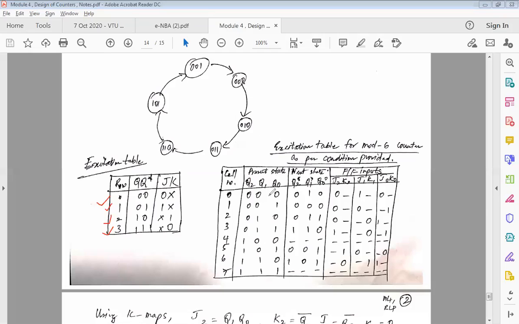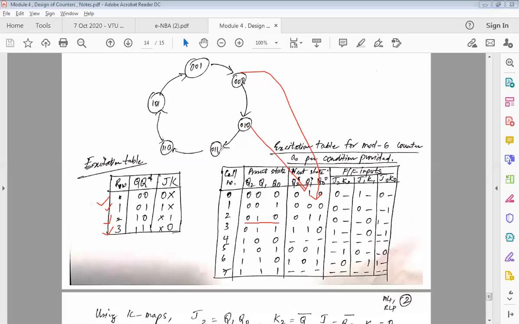So after 000, I should write 010. Then check for 001, it is 000, right? So that 000 will come here. Similarly, check for 010.